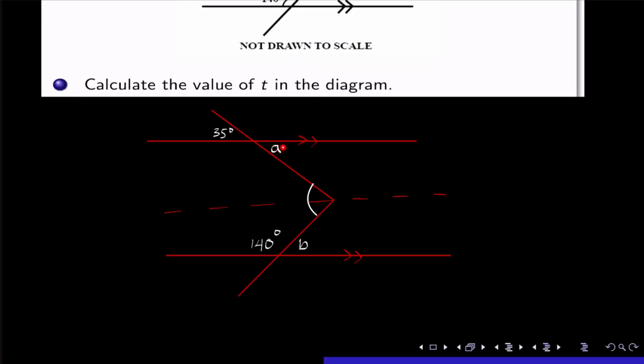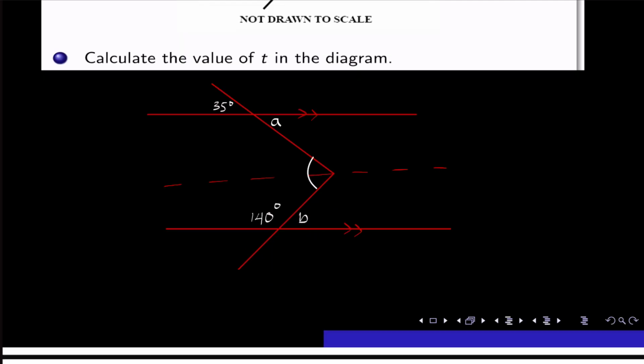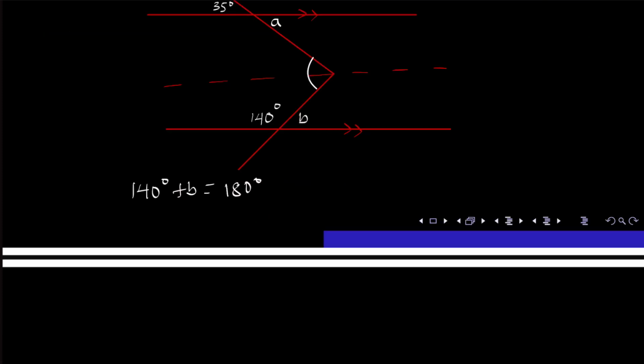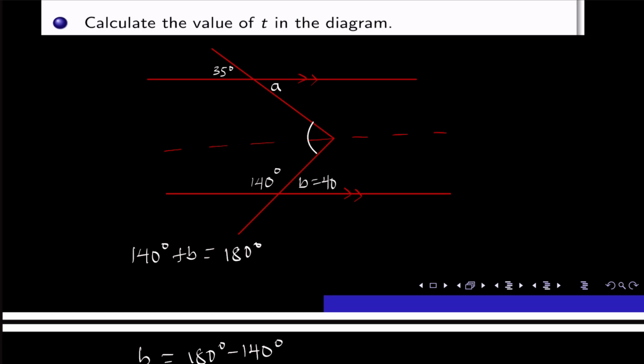Now let's call this angle A, and this angle B. By definition, angles on a straight line sum up to 180 degrees, so 140 degrees plus B should be equal to 180 degrees. Solving for B gives B equal to 180 degrees minus 140 degrees. That's angle B is 40 degrees.